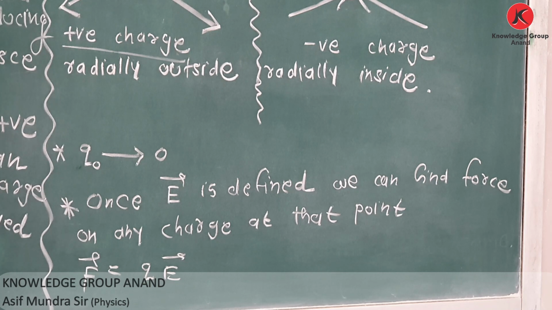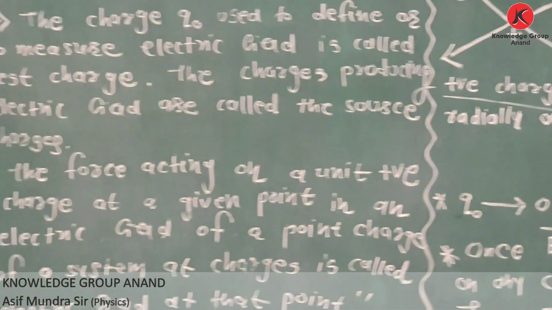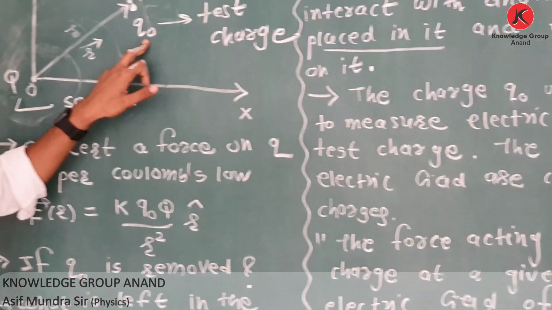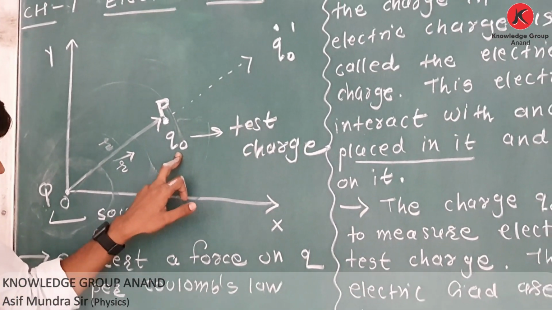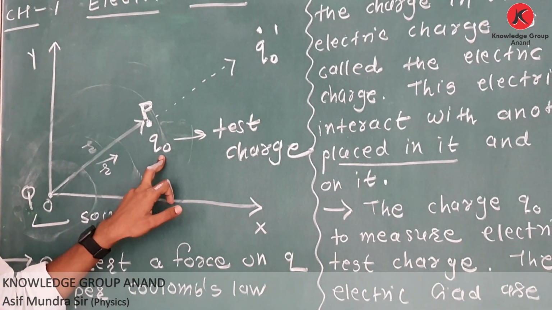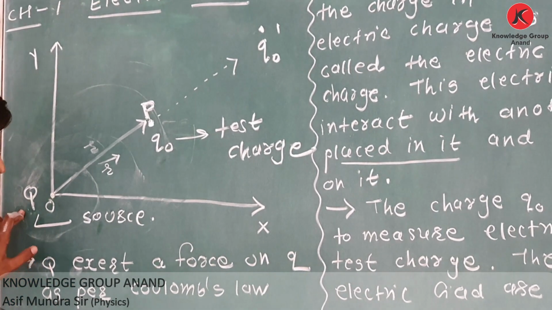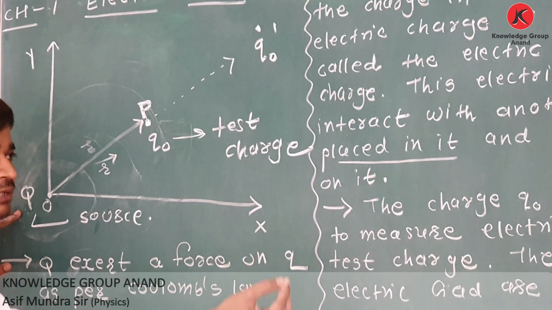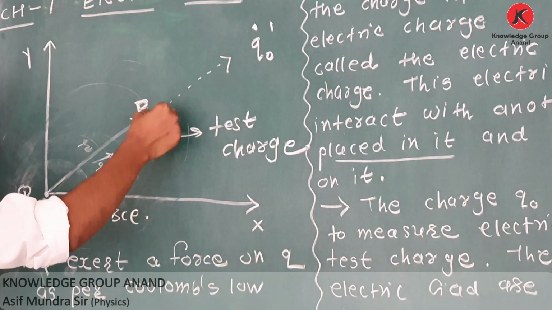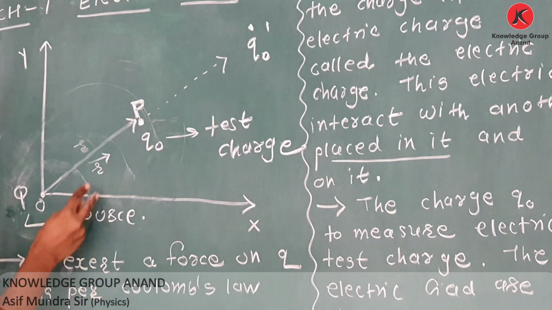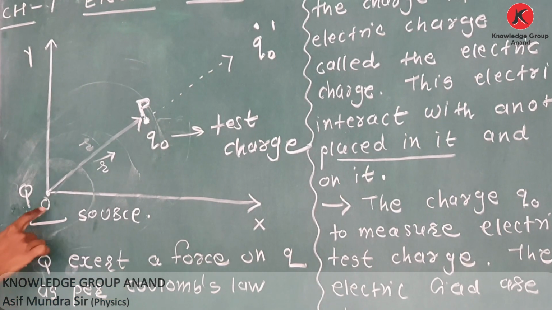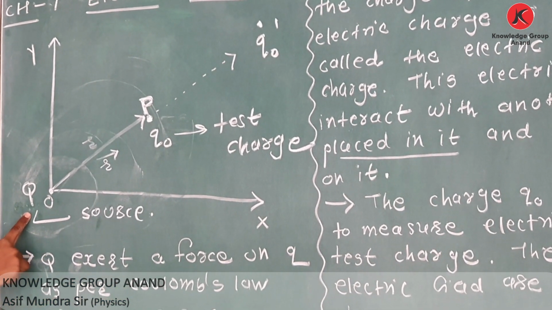Why? The test charge Q0 is used to find the electric field. This Q is the source charge. If we place the Q0 charge at this point P, the location of this Q should not be changed.